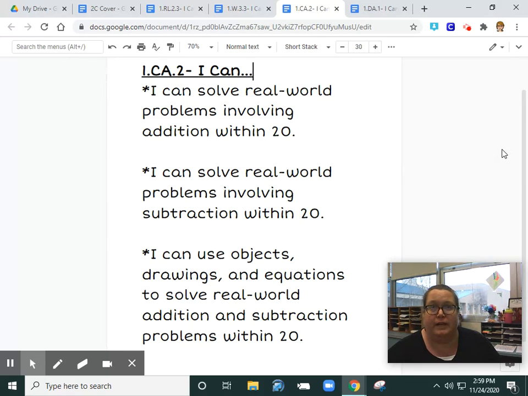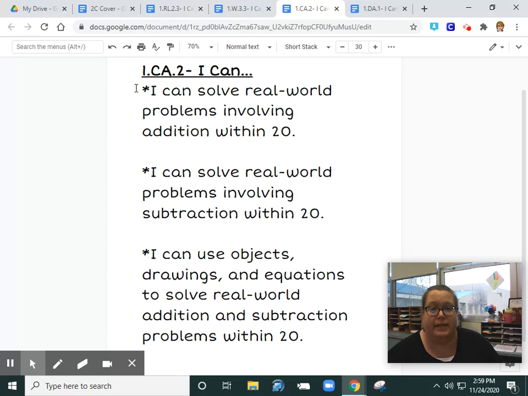The main focus on these types of problems is paying attention to the important parts and deciding whether you're going to add or subtract to find the information that you need to figure out, okay?